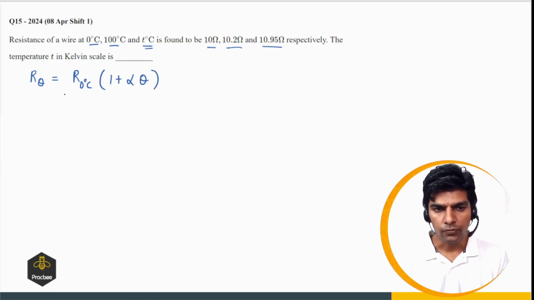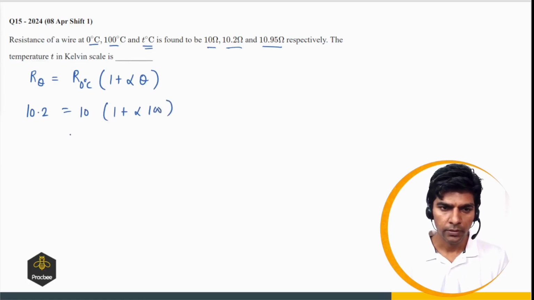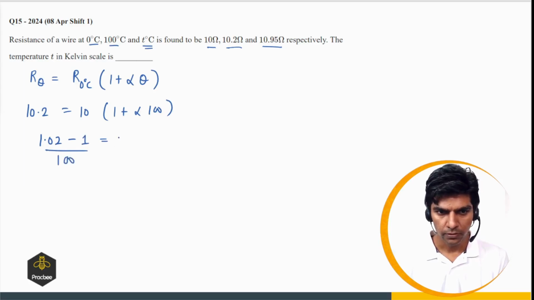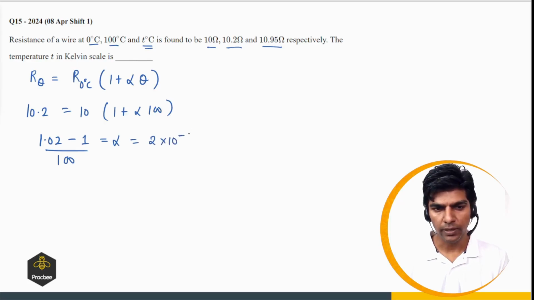So if we apply this formula at 100 degrees Celsius, let us see. So at 100 degrees Celsius, the value is 10.2, and this is 10 times 1 plus alpha times 100. So this can be written as 1.02 minus 1 by 100. So that is alpha. So alpha will be 2 into 10 raised to power minus 4 per degree Celsius.